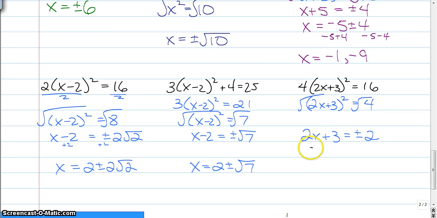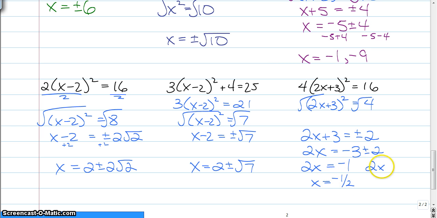And the first thing you did was subtract 3, I hope. So you have 2x is equal to a negative 3 plus or minus 2. So now that's going to be a negative 3 plus 2, which is 2x is equal to negative 1, leaving you with x equals negative 1/2.